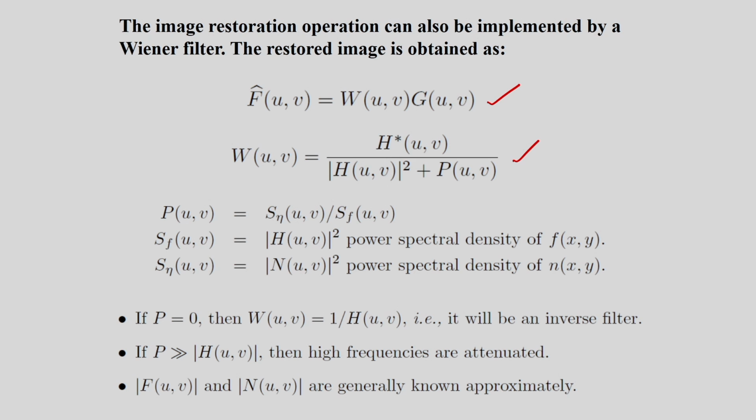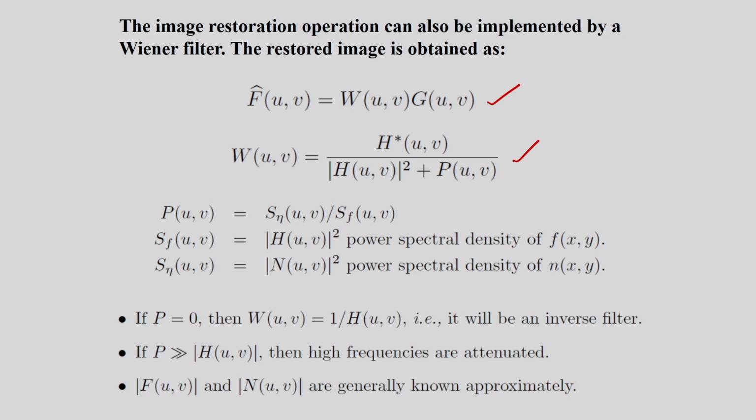H complex conjugate (u,v), divided by magnitude of H(u,v) whole square plus P(u,v). What is P(u,v)? That is the ratio of S eta(u,v) divided by S_F(u,v). What is S_F(u,v)? That is the power spectral density of f(x,y). S eta(u,v), that is the power spectral density of the noise, additive noise.